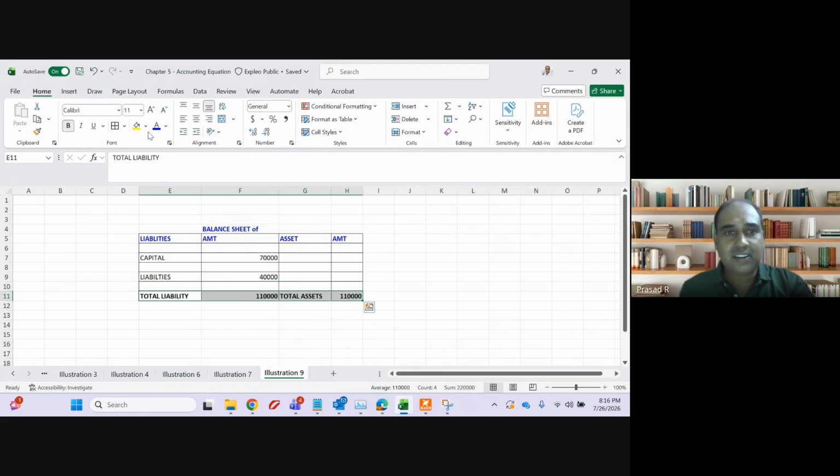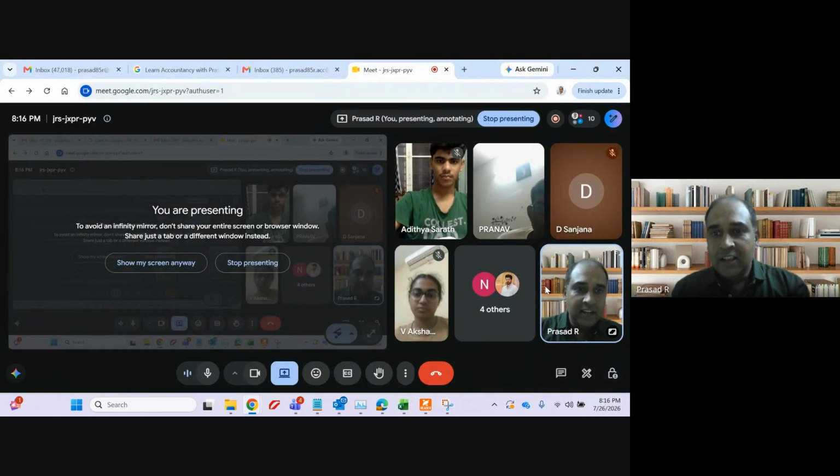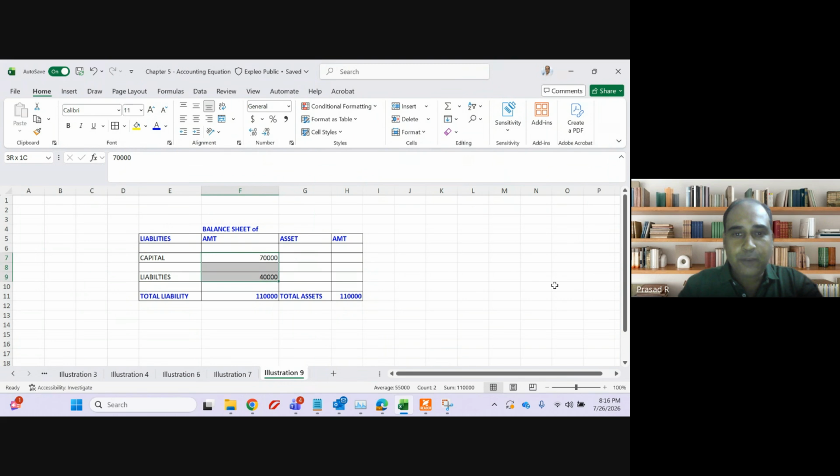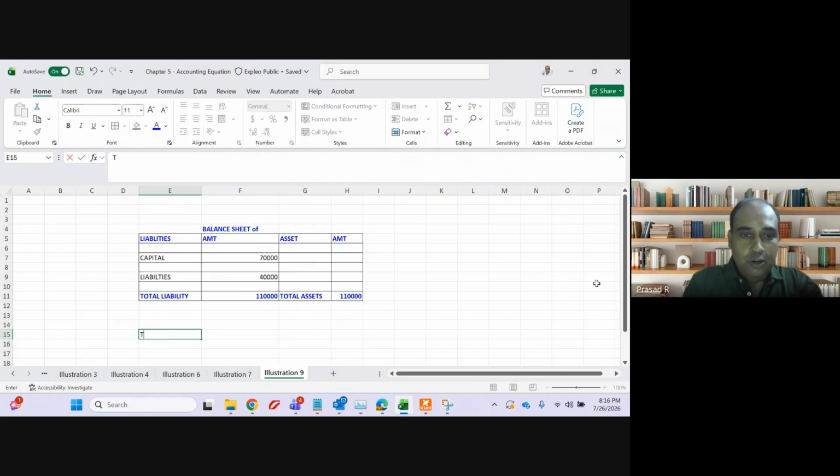What is this asset? We are not concerned. I don't know the breakup of this asset, whether it is plant and machinery, debtors, or cash; that breakup we don't have. The question is only asking, they have given liability and capital, and they are asking me to find total assets. I have completed the question. So what formula did I use?